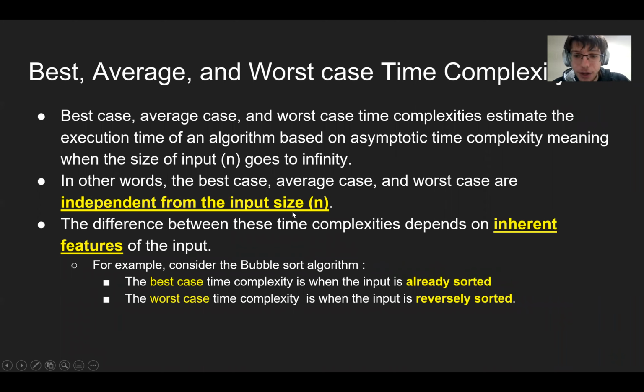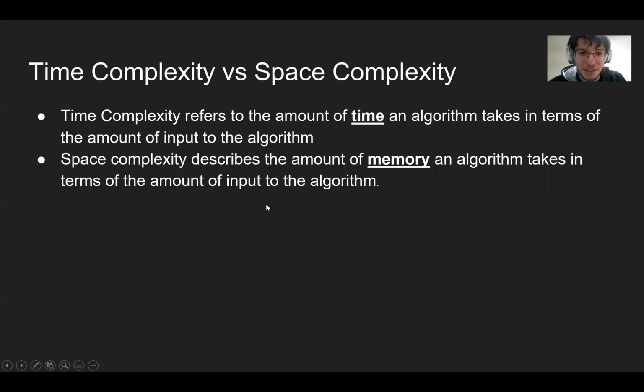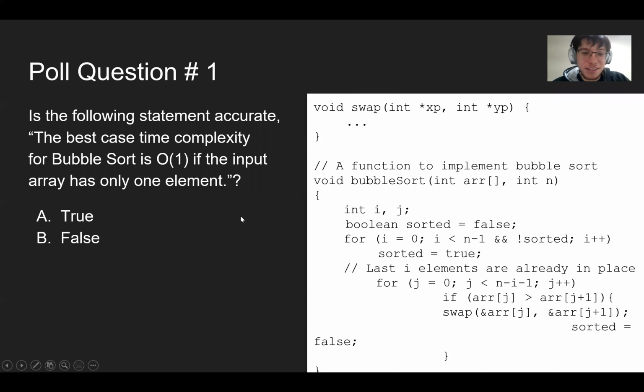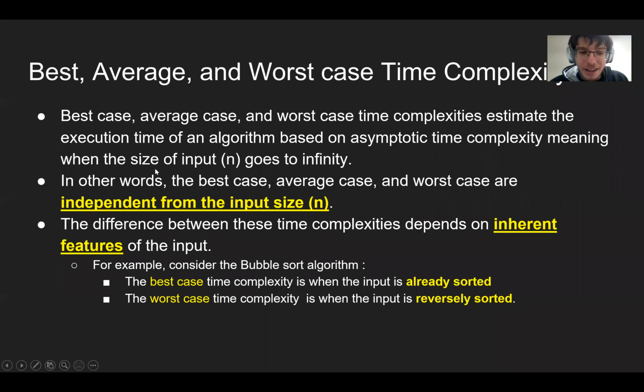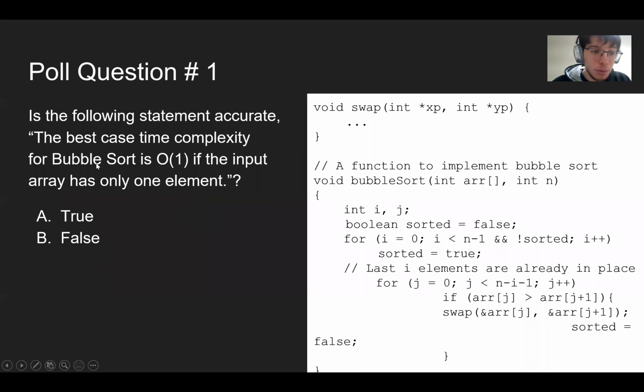This is kind of important: the best case complexity and worst case complexity are based on the input, but best, average, and worst are independent from input size, right? That's best, average, and worst case, right? But we want to know about big O. We want to know the best case complexity for big O, right?